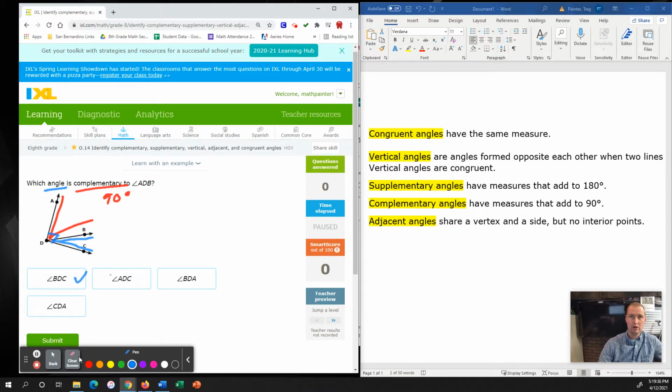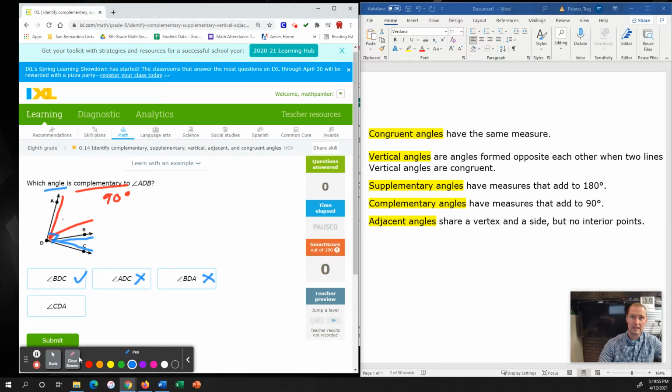So let's look at the first one. ADC is already 90 degrees. That doesn't work. BDA is what they already gave us, and that's also the same thing as ADB. So by switching the letters, it's still the same angle. That doesn't work. They just gave us that.